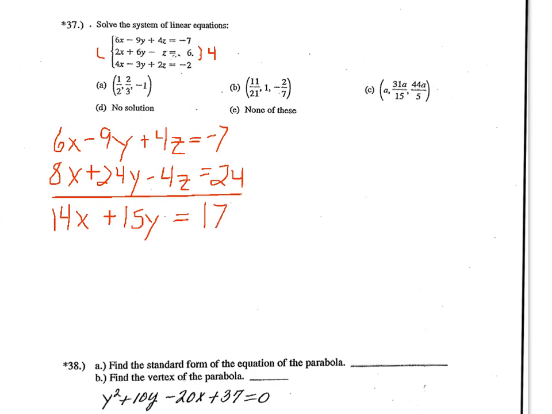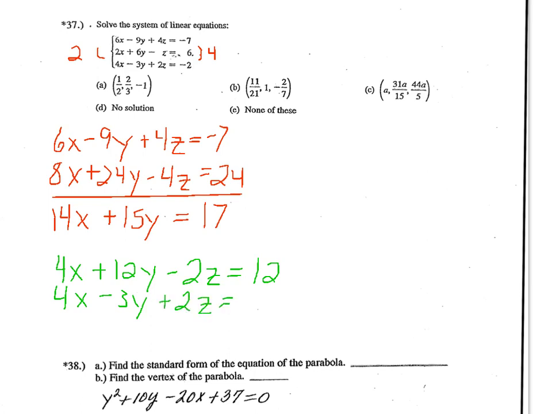Now I want to eliminate z again, so I'm going to take the same middle equation, multiply it by 2, and combine it with the bottom equation. So that gives me 4x plus 12y minus 2z equals 12, and then 4x minus 3y plus 2z equals negative 2, and combining those we get 8x plus 9y equals 10.